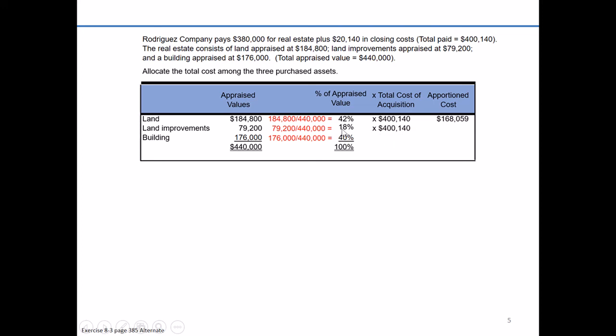Land improvements, 18% appraised value times 400,140 in total cost equals an apportioned or allocated amount of cost of $72,025. Building, 40% times $400,140 equals a total apportioned cost of $160,056.